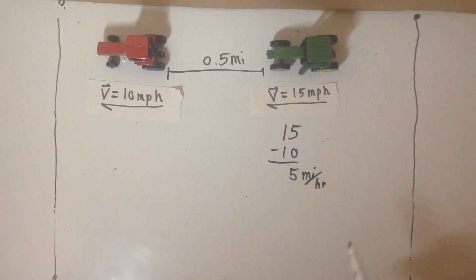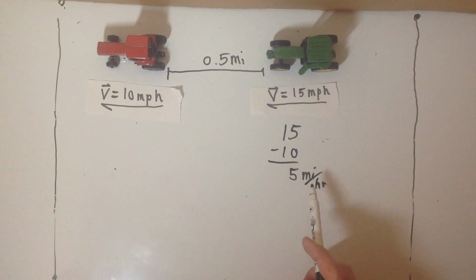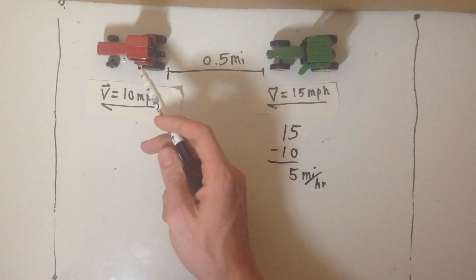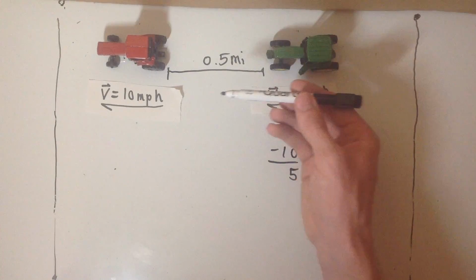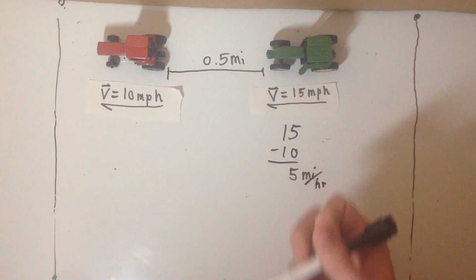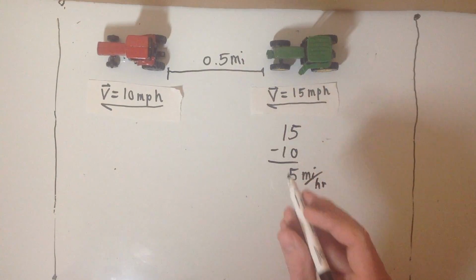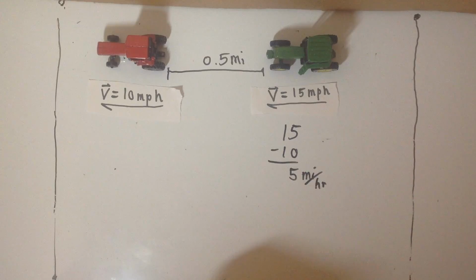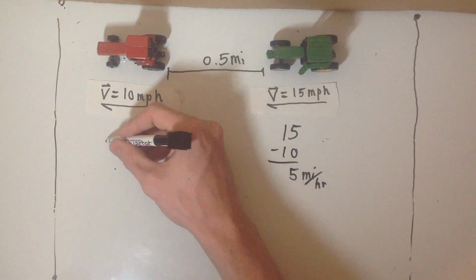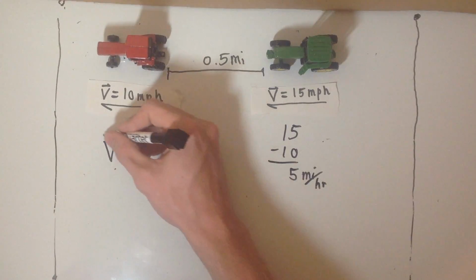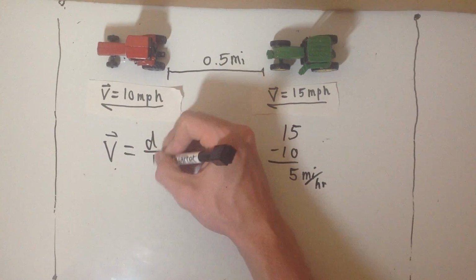Once we have our 5 miles per hour, this is as if the red tractor is standing still and the green tractor is moving at 5 miles per hour towards the red tractor. Now we have our distance of 0.5 miles, so to find the time we use this classic equation: velocity equals distance over time.